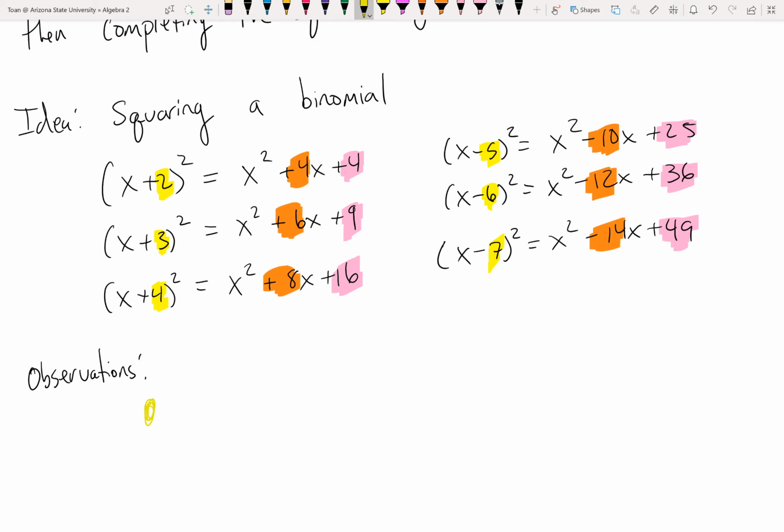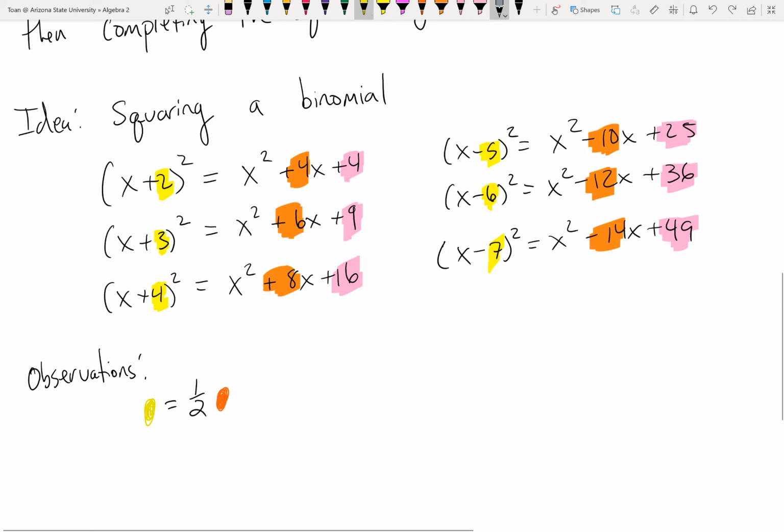The yellow is always going to be 1/2 of the red. I hope we can see that. In the first line, 2 is half of 4. 3 is half of 6. And it could be the negative as well. 6 is half of 12. So when you square a binomial, the yellow is always half of the orange.